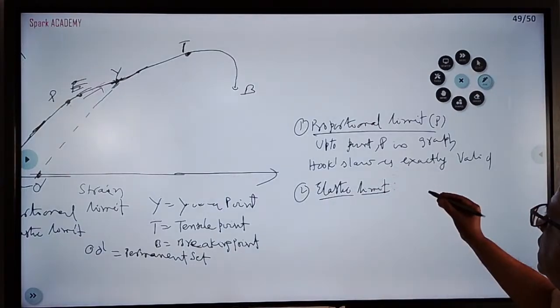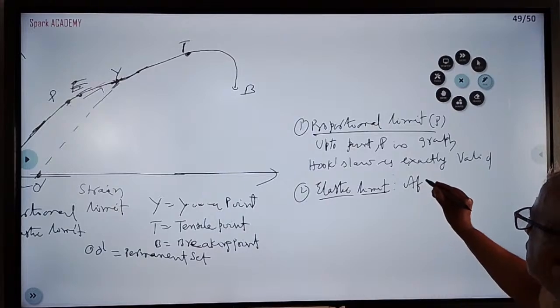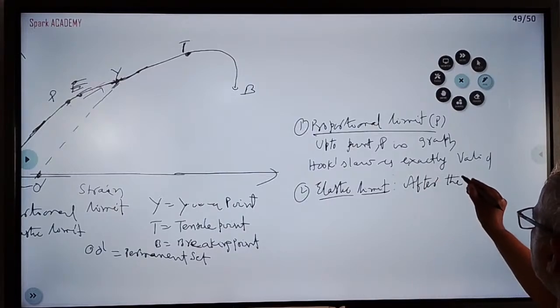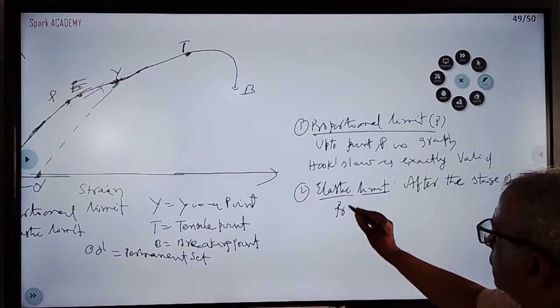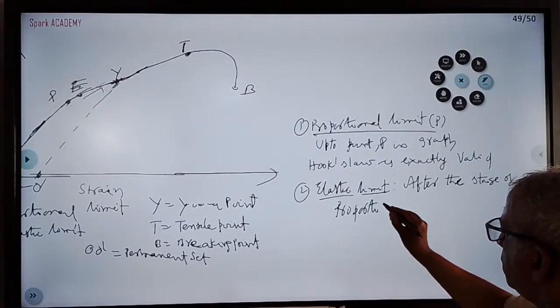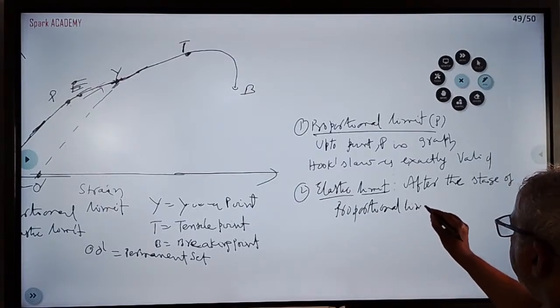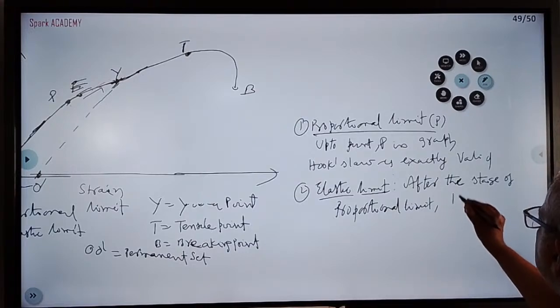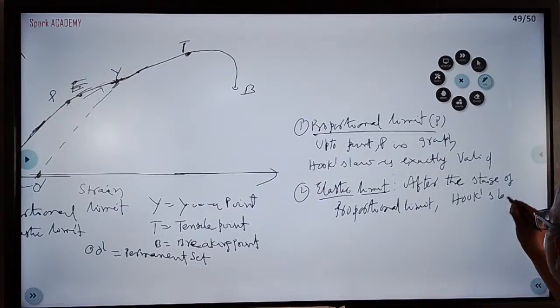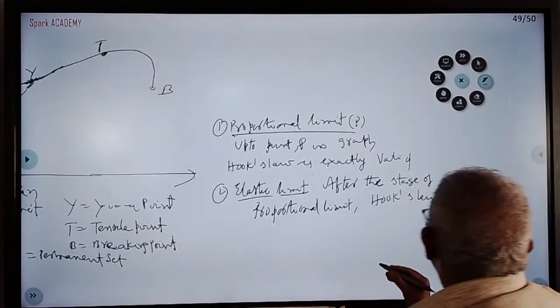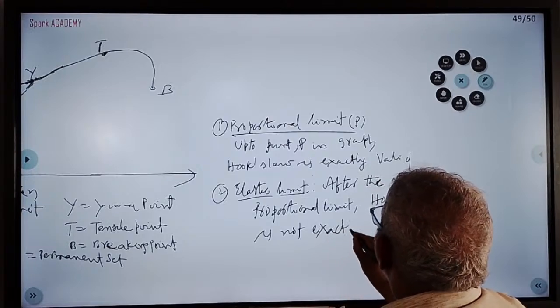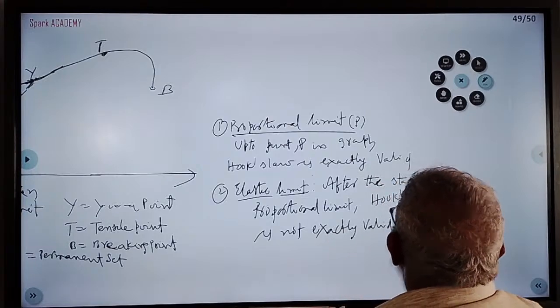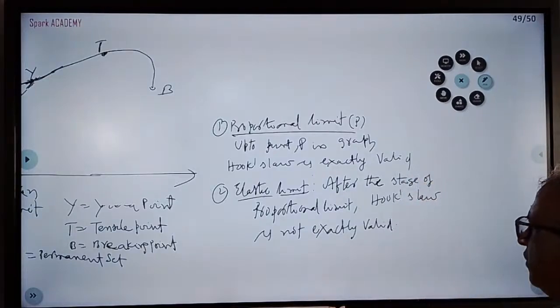After the stage of the proportional limit, Hooke's law is not exactly valid, but the property of elasticity is there. It would regain its original length.